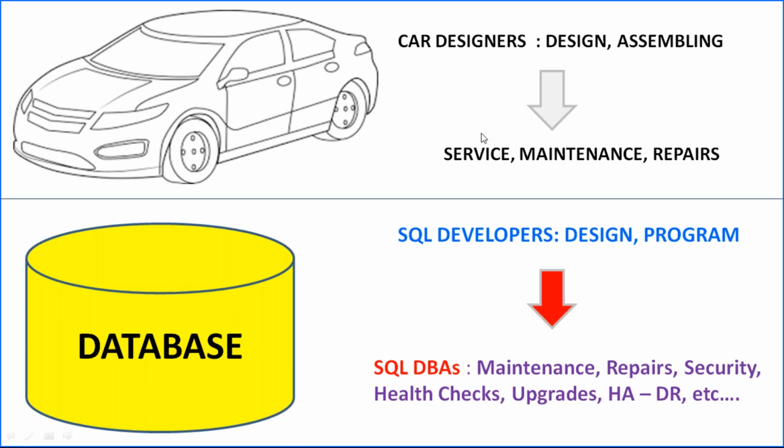Just like servicing and managing a car on the road, as long as the database exists, until the end of the life of a database, DBAs are required for routine maintenance, management, repairs, upgrades, tuning, optimizations. This is what we do as a DBA, remember.